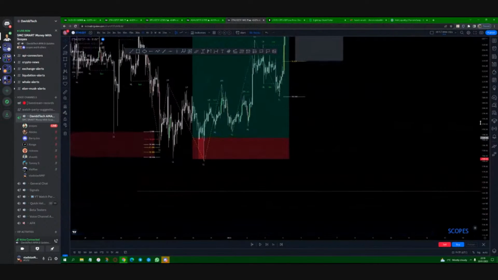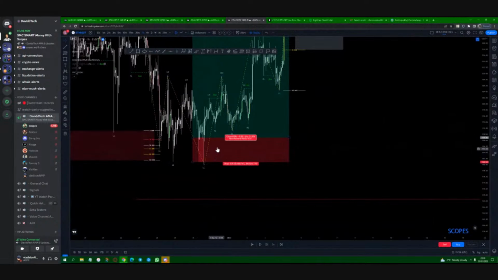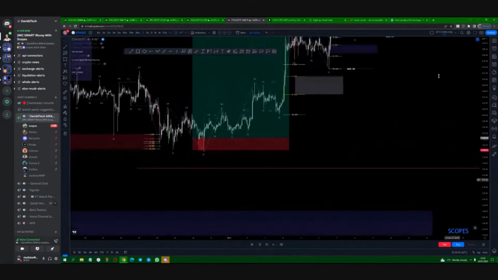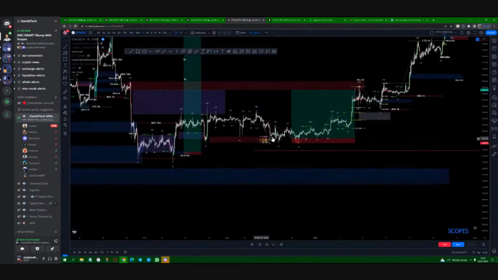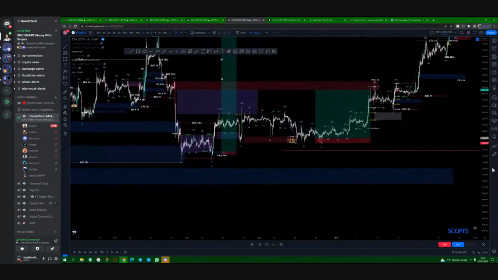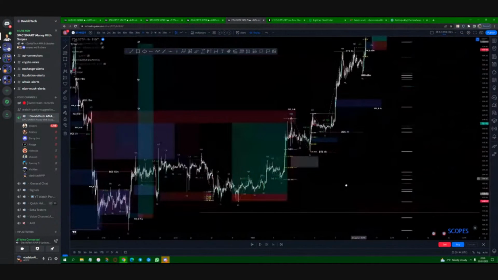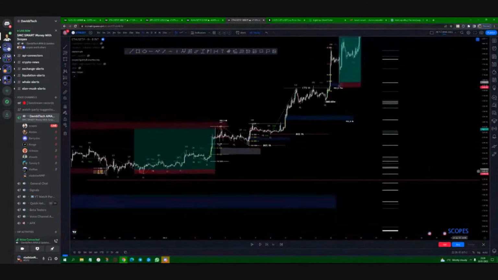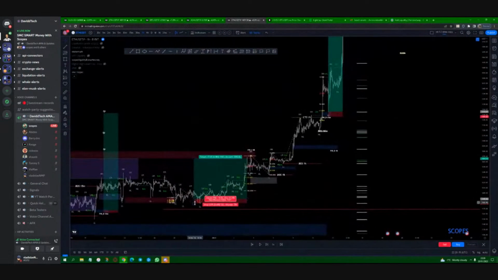Got stopped out on both BTC and Ethereum. And then look, that's from my stop. It literally stops me out by a tiny bit and then goes, which could be me being a bit tight with the stop loss.